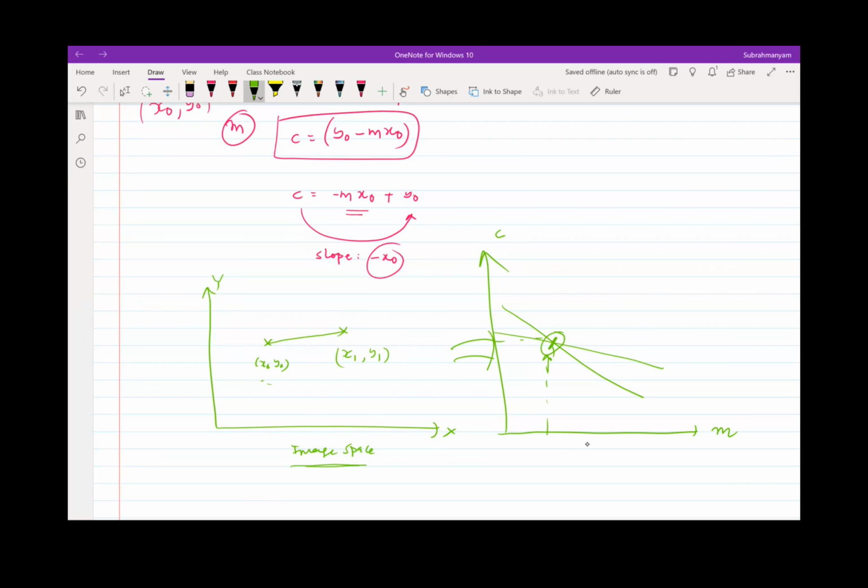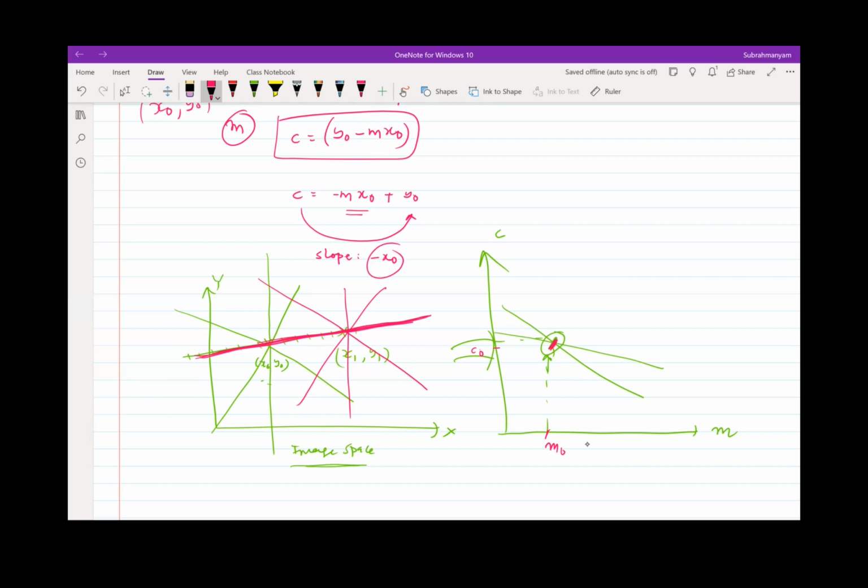Very good. See here, from this point, I could draw different lines, right? And one among them is this line connecting them. Similarly, for this point also, I could draw different lines going through it. And one of them could be this line, which is passing through both, and would of course result here in the same M naught and C naught value.